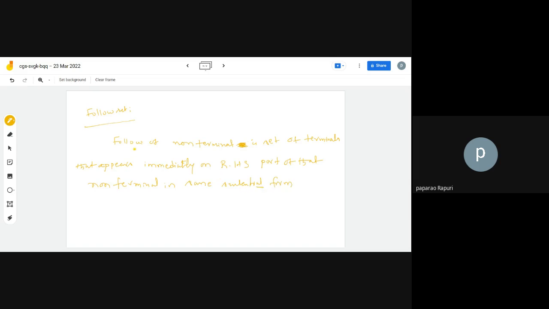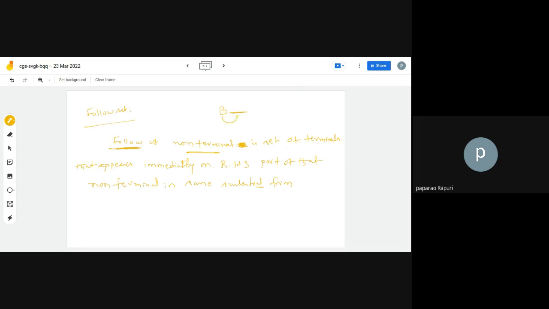In the previous part, we discussed how to find the first set of a non-terminal. In the same way, we need to construct follow for the non-terminals. But here, what he is saying is, follow of a non-terminal is a set of terminals that appears immediately on the RHS. That means, if you take any non-terminal, its follow contains the set of terminals appearing immediately after that non-terminal.